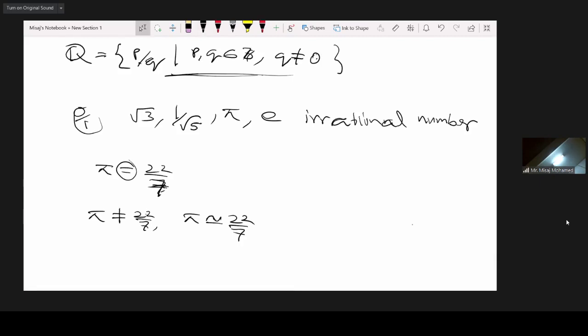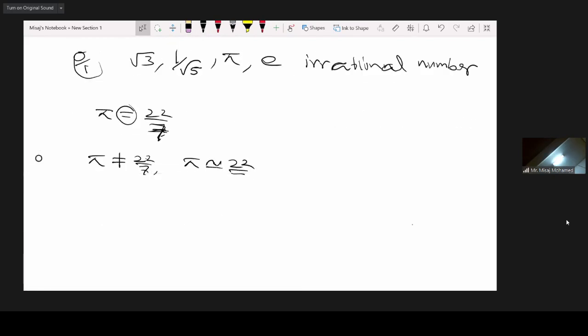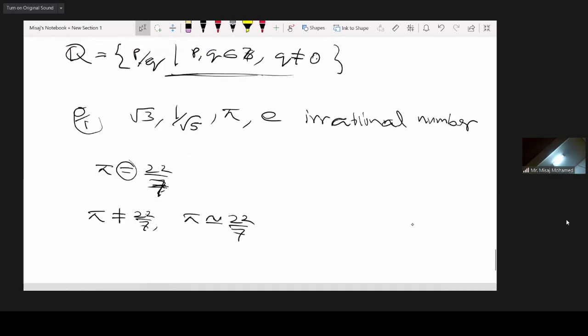It is approximately equal to 22 over 7. That is why pi is not equal to 22 over 7, and pi is an irrational number.